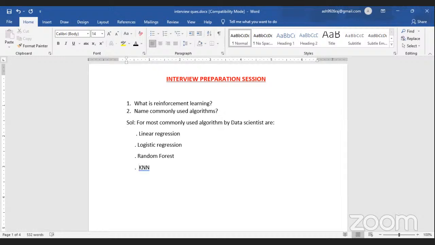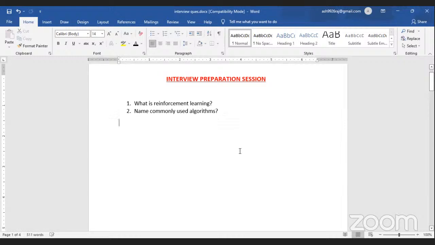The algorithm can be used to solve both classification and regression problem statements. The number of nearest neighbors to a new unknown variable that has to be predicted or classified is denoted by the symbol K. So these are the most commonly used algorithms by data scientists.